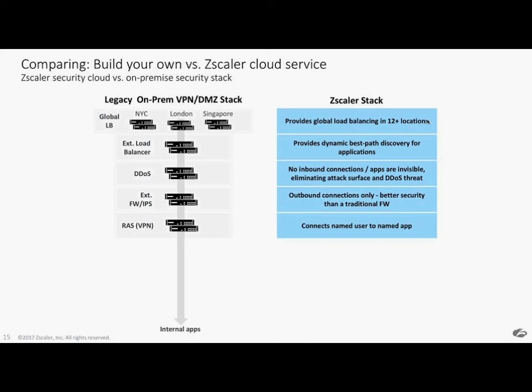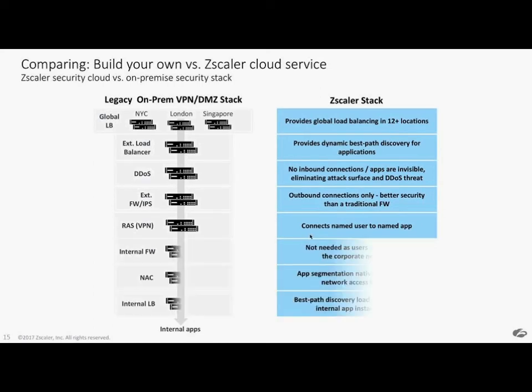The actual VPN concentrators that you have today provide you a very broad attack surface, meaning they're providing access to the entire network. With Zscaler Private Access, the connectors essentially replace the VPN concentrator and provide you access to individually named applications, reducing that attack surface.